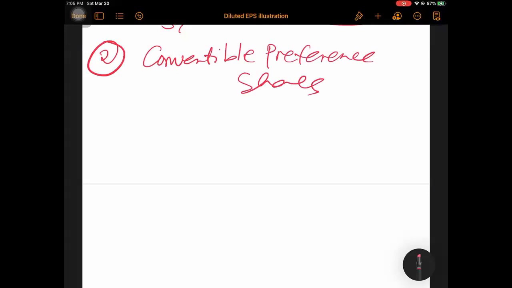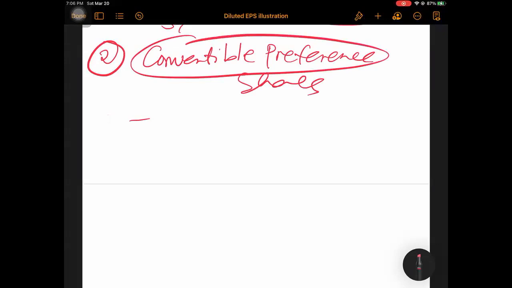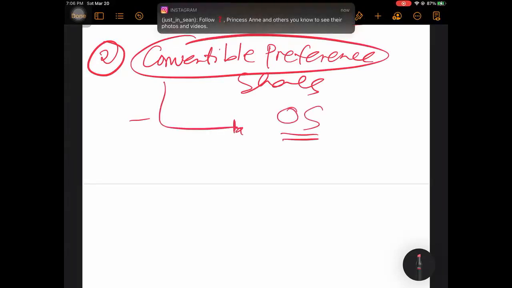Okay, if there is a convertible preference share, the computation of diluted earnings per share also assumes that the preference share is converted into ordinary shares. Therefore, again, as if scenario, as if approach, we assume that this convertible preference share is converted into ordinary shares.